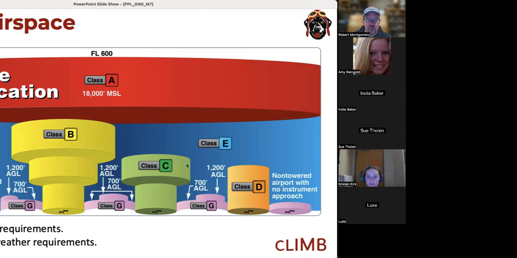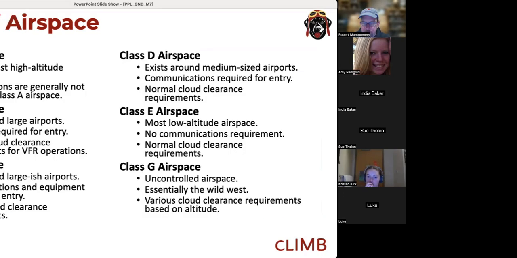It's trying to show you what the airspace looks like. It's not great, but it does give you a rough idea of how things work. But let's walk through them one at a time and try to get the big picture here, okay?